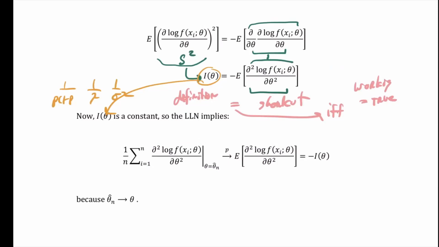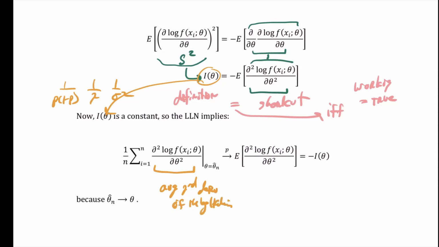Well, what do you mean? Well, this is just some function of the data. So this is an average. This is the average second derivative of the log likelihood.